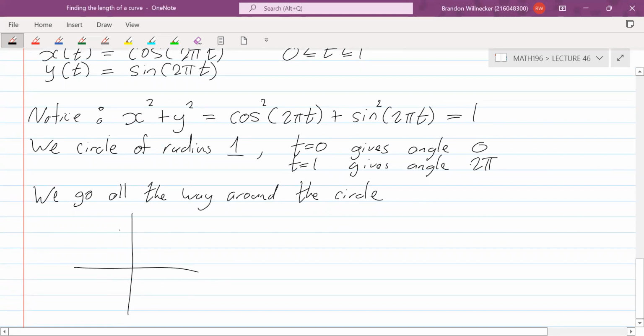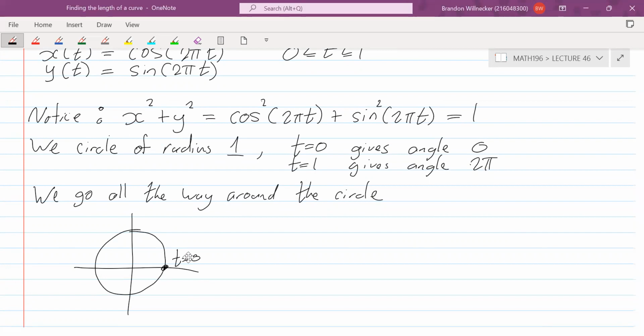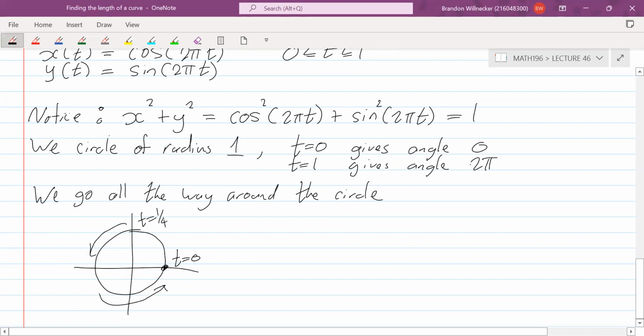Here, this would be t equals 0, because that's the start of the circle. This would be t equals 1/4, because we're 1/4 the way around. And then as we increase t, we get back to the beginning when t is equal to 1. So substituting different values of t give us all the points going around the circle.